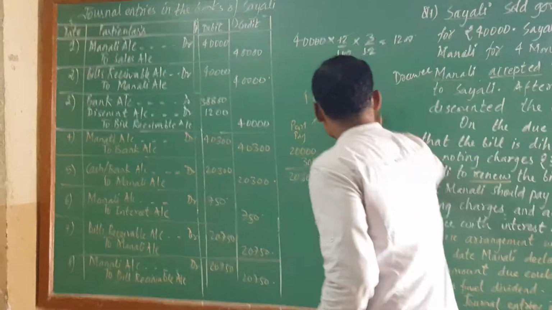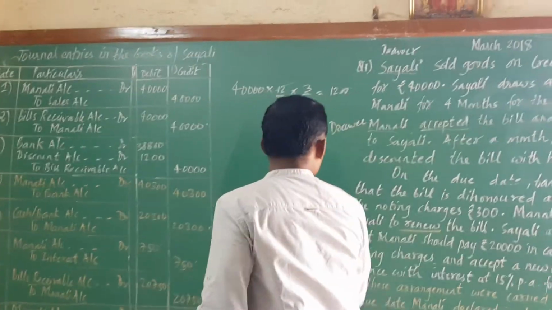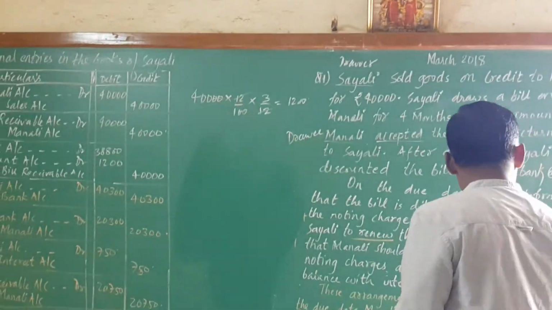Now for the final settlement, we are receiving only 40%.